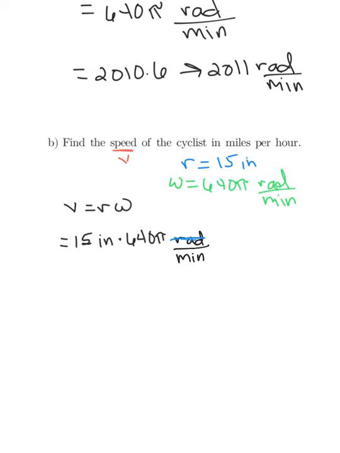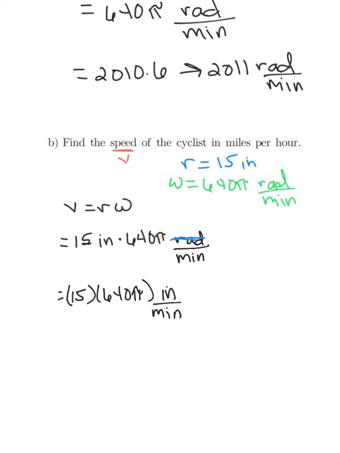Look at what we want for our label. We need miles per hour. So at this point, we have 15 times 640 pi, and we have inches per minute.